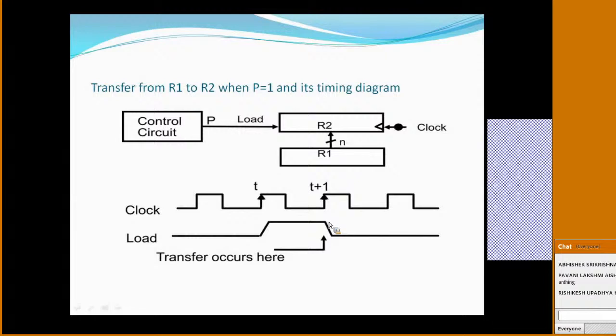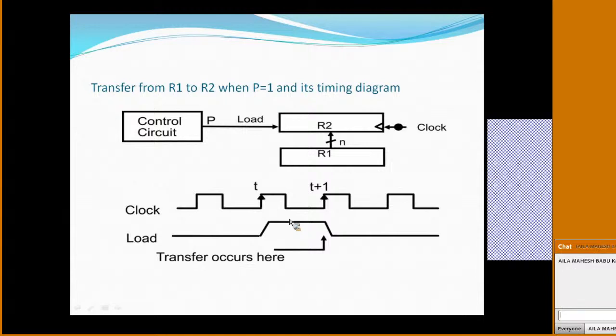Whenever this is high, it means the value of P in this range is equal to 1. Then the transfer can happen: R1 can move its data to R2.